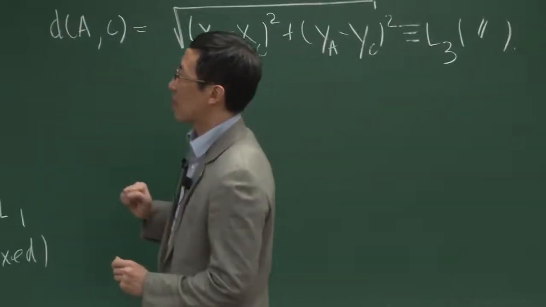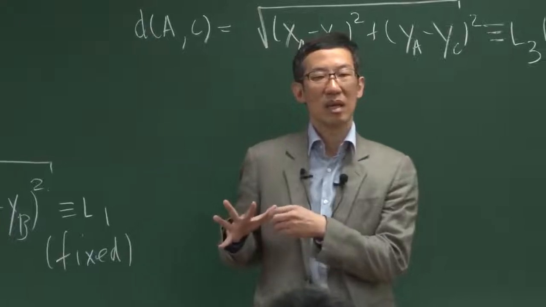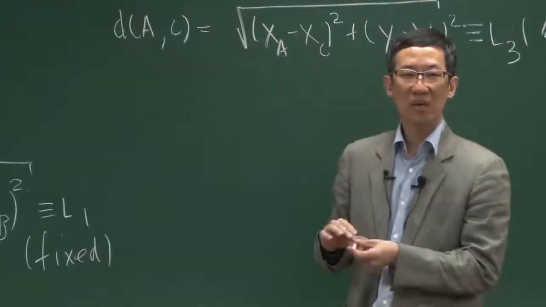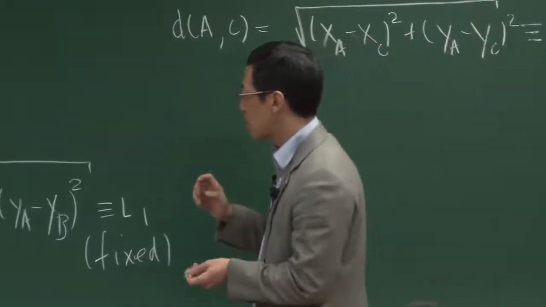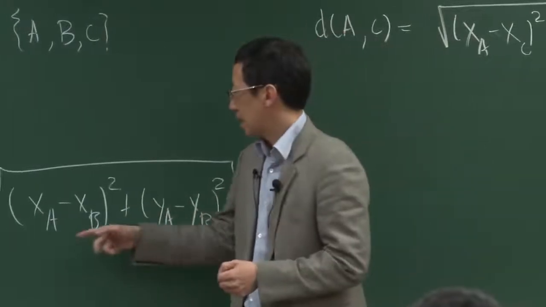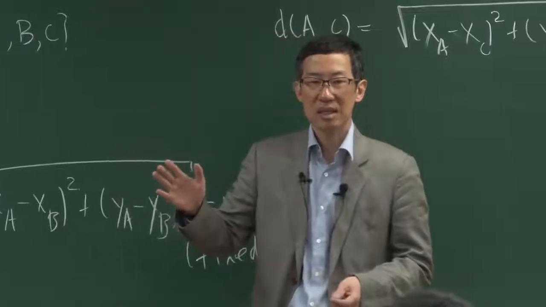All right, so let's now go back to the original question. How can we describe the location of the coin using coordinates? Originally we had 6 coordinates: xa, ya, xb, yb, xc, yc.